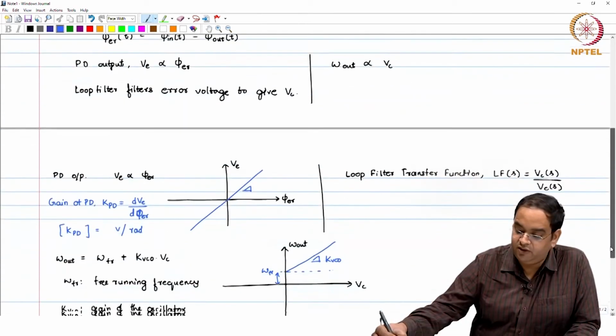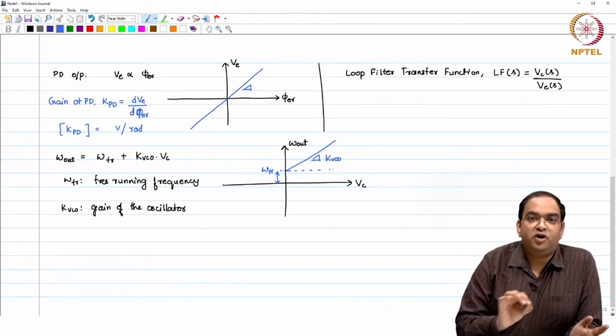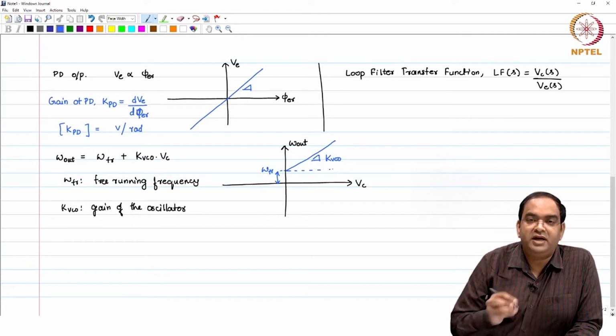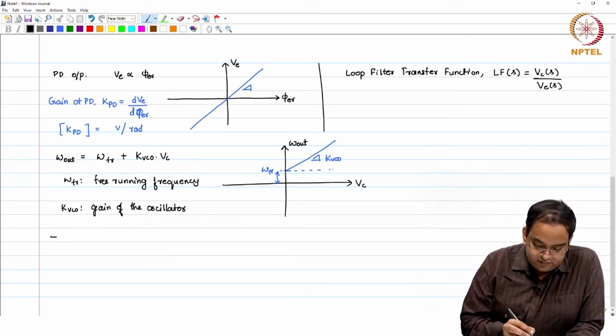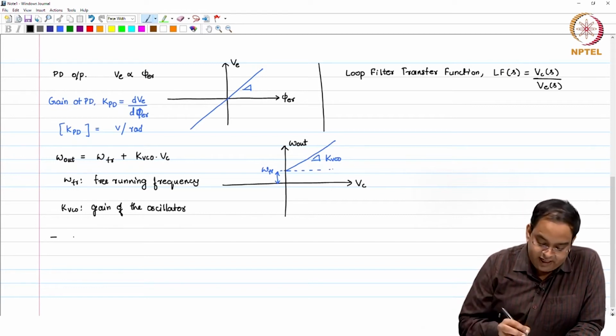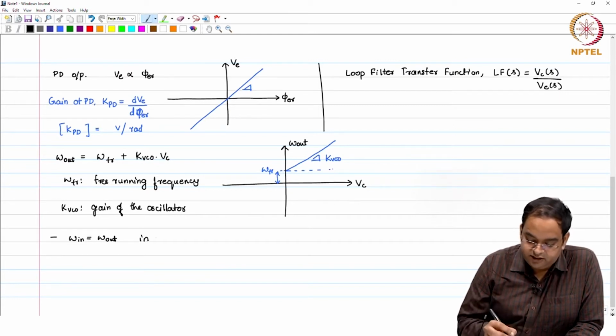In this PLL block, in a steady state, or locked state, when things have settled, the following will happen. The input and output frequencies are going to be the same: omega in will be equal to omega out in steady state.